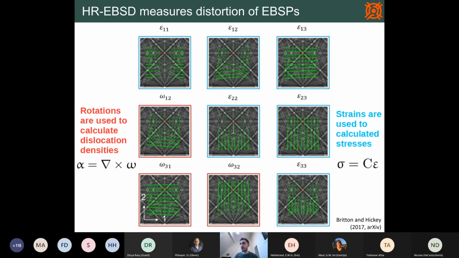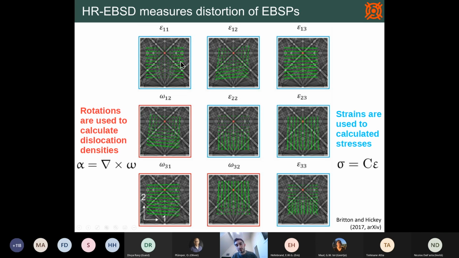Much the same as X-ray diffraction, which many people might be familiar with, the electron diffraction patterns can themselves be distorted if the crystal structure is under some elastic strain. So the 1,1 component of strain is going to horizontally stretch the whole diffraction pattern.